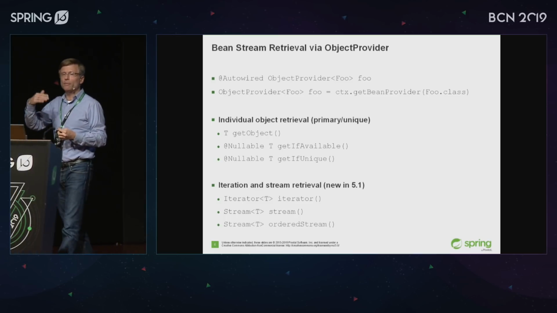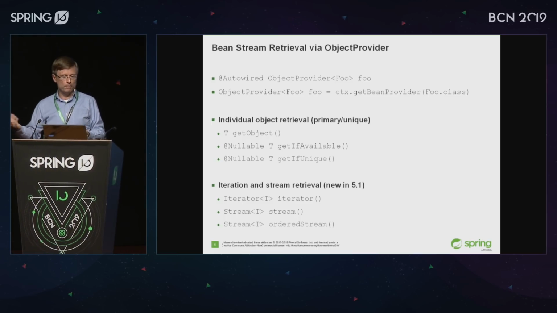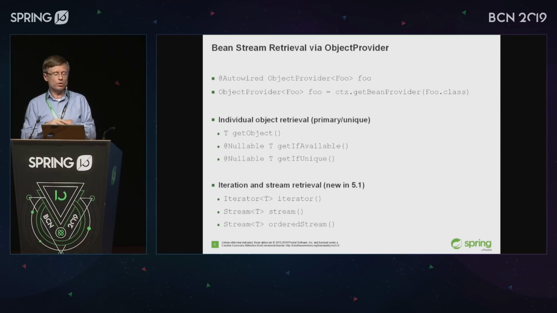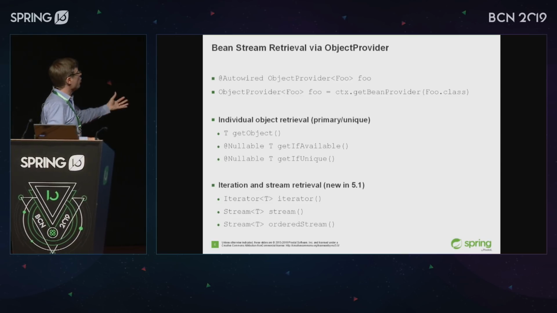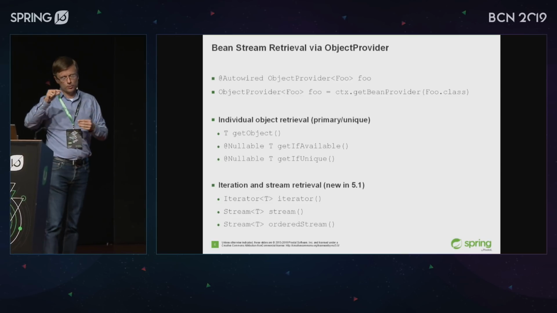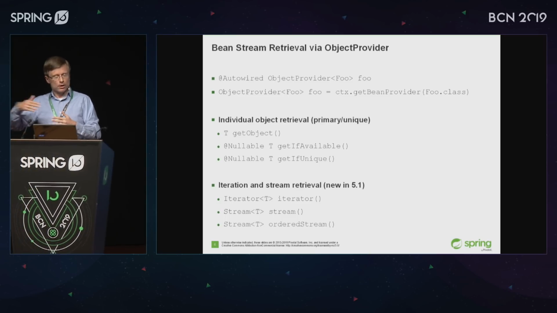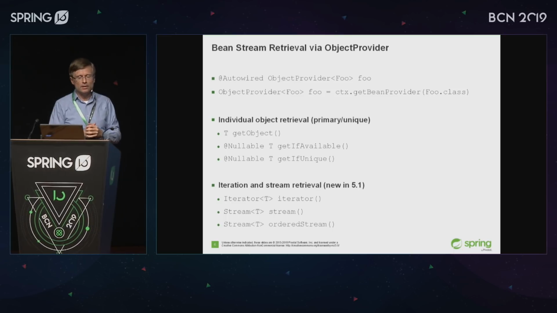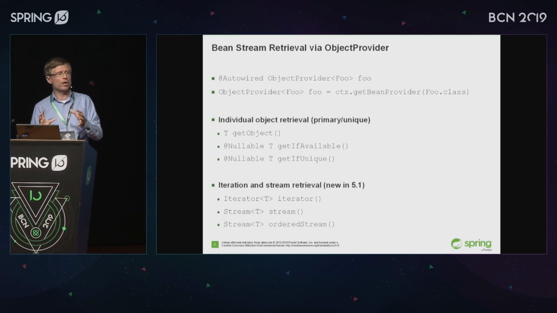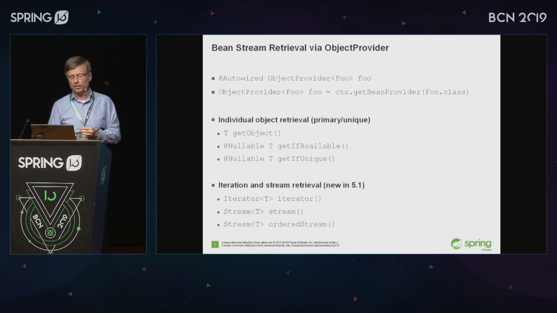You can build a Java util stream over those, both of them basically lazily resolving as far as possible. There's also an ordered stream with Spring @Order semantics taken into account across the matching instances in the application context. So some pretty sophisticated retrieval interaction with the container that we're enabling this way.